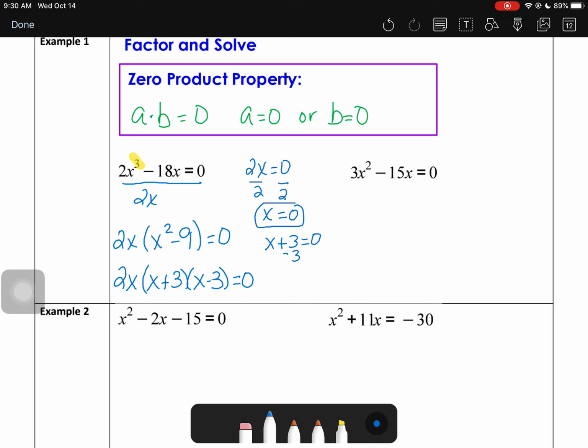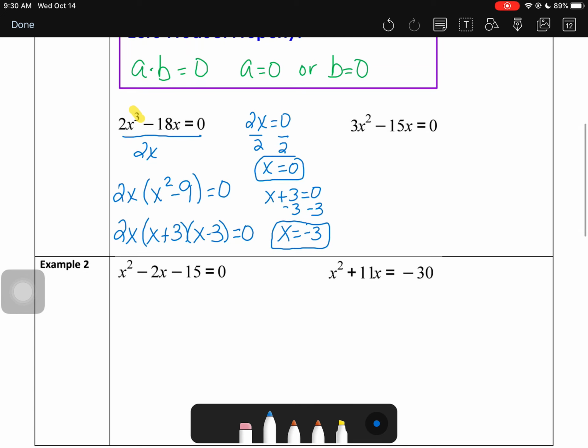Subtract 3 from both sides, and we know then that x can be equal to negative 3 as our second solution. And in our third solution, we say our x minus 3 is equal to 0. We add 3 to both sides. And so we know that x equals 3 is our third solution.